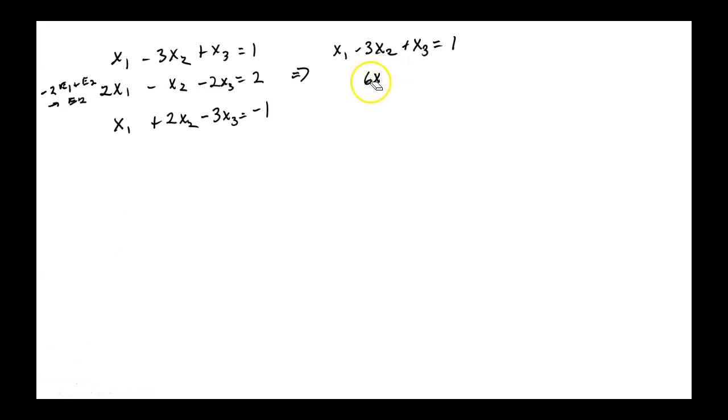I got carried away. 5x2. Okay. And then negative 2 times x3 is negative 2x3 minus 2x3 is minus 4x3. Perfect. And then last, 0 equals 0. Didn't see that coming, but it's okay. Nothing wrong with that. Okay?